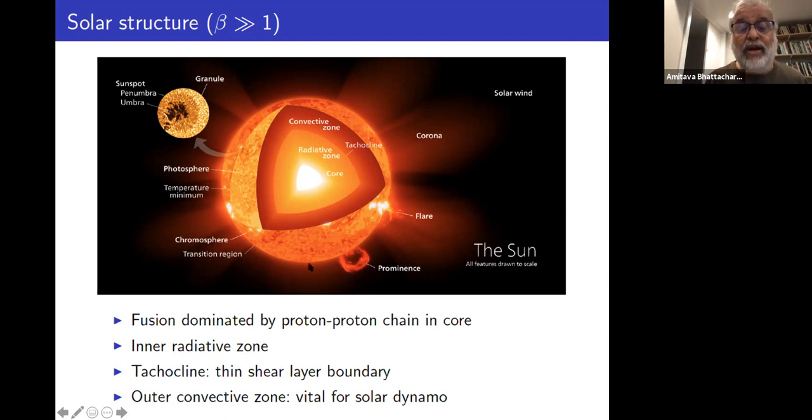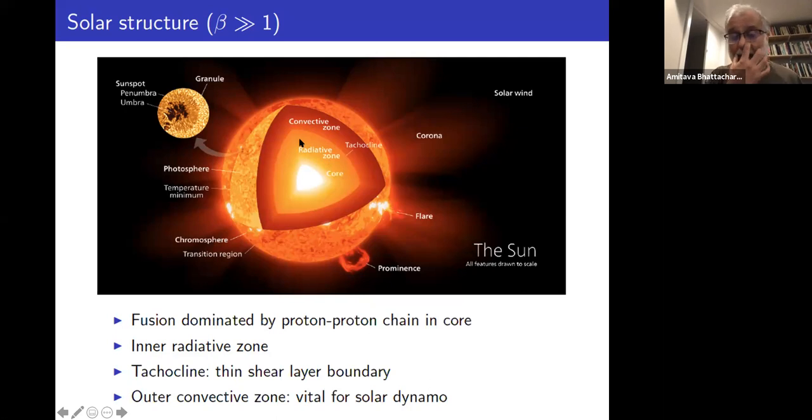And just amplifying on some of the things that you have already seen, the core reaction in the sun is proton-proton reaction. That's where you have the hottest temperatures that radiate out. And you have a big radiative zone around the core. And then there is a convective zone.